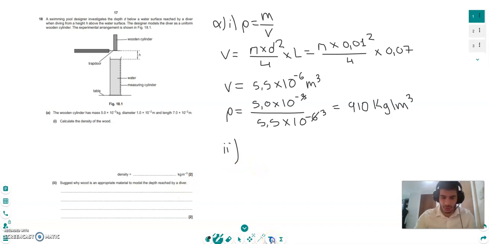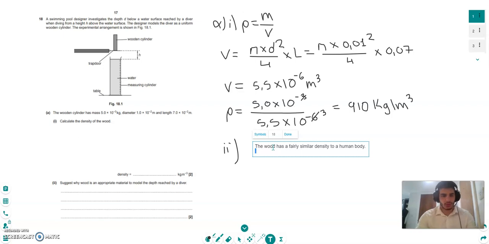One of the answers that will give you one of the 2 points here is that the wood has a fairly similar density to a human body. Then you need to think that divers float in the water, and so does the wood.